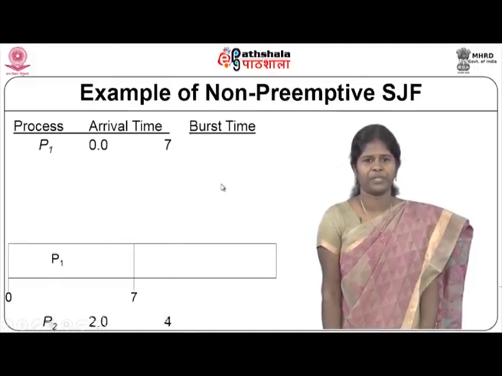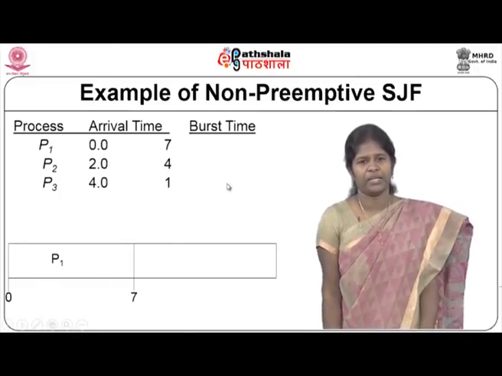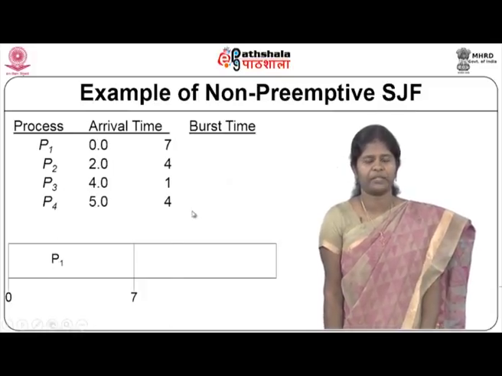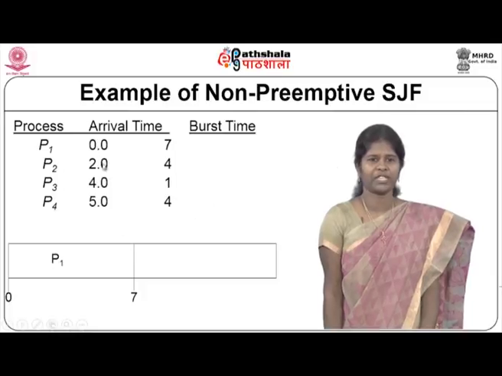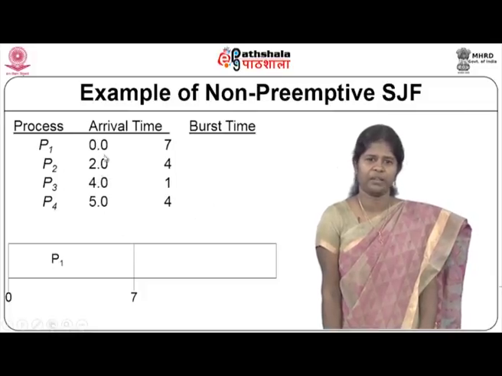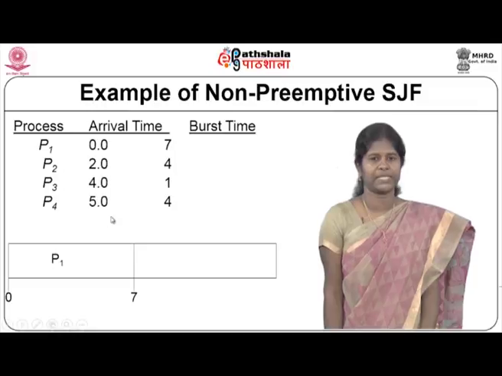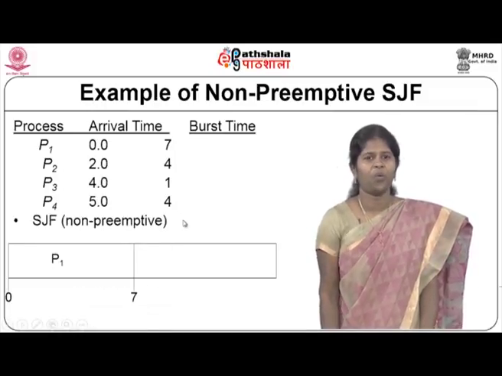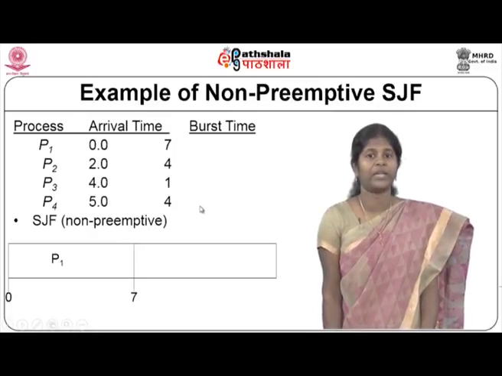In this non-preemptive SJF, we look at different processes P1, P2, P3 and P4. The arrival times of the processes are given. They arrive at different times, not at the same time, and the burst times are also given. Now how will this work when it is non-preemptive?